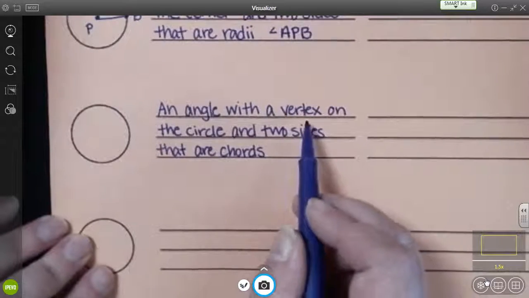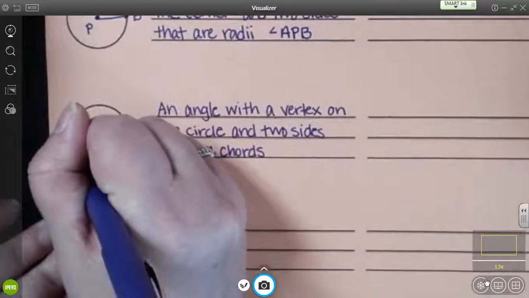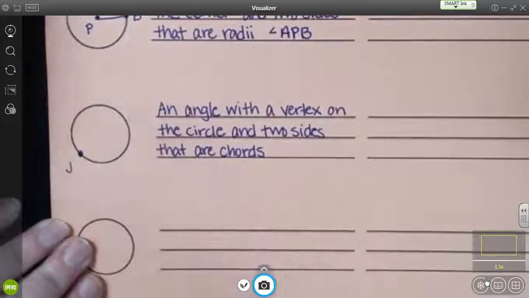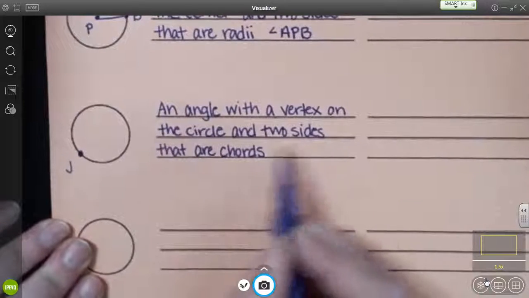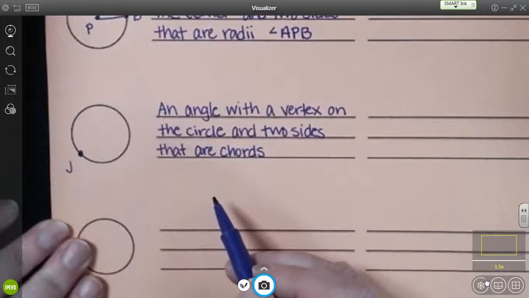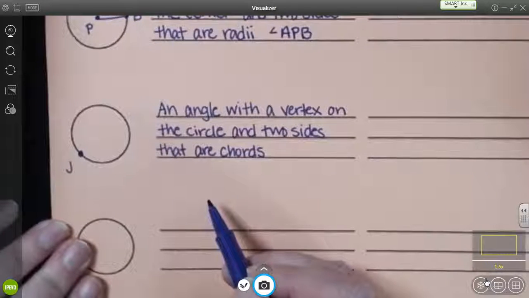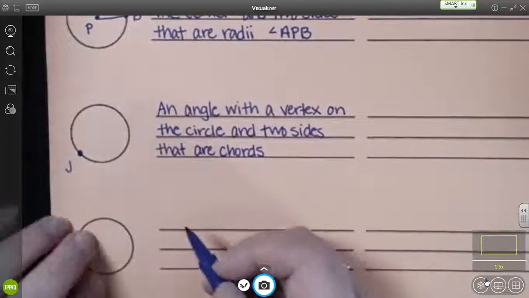So this time that vertex is on the circle. So we have some point on the circle. We'll call it point J. And then the two sides are chords. And what's a chord? Anybody remember what a chord is? It's a segment with both endpoints on the circle.